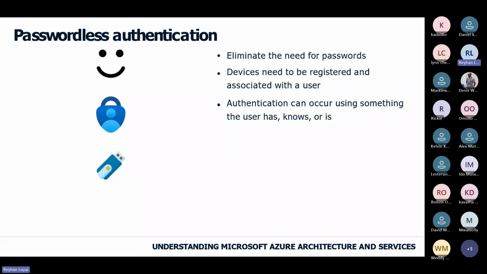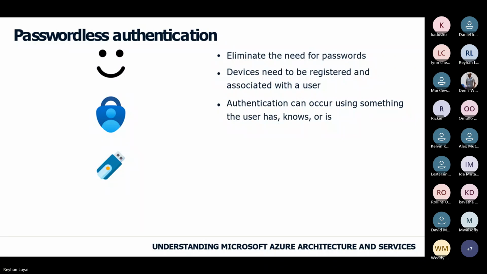Once registered, authentication can occur using something the user has, knows, or is, without relying on a password. Passwordless authentication methods include Windows Hello for Business, the Microsoft Authenticator app, and FIDO2 security keys. If you've ever been prompted when signing in to add a passkey, I think that's passwordless authentication.